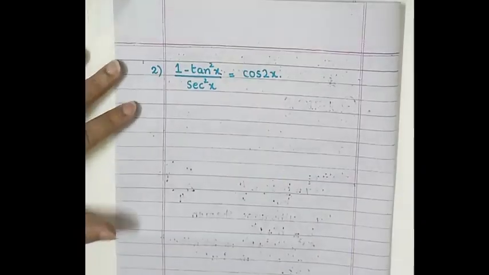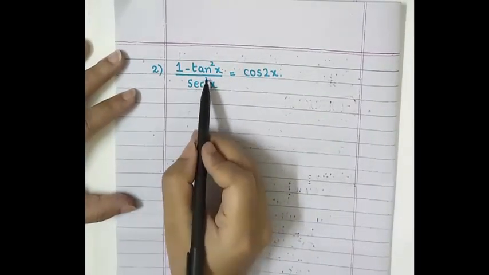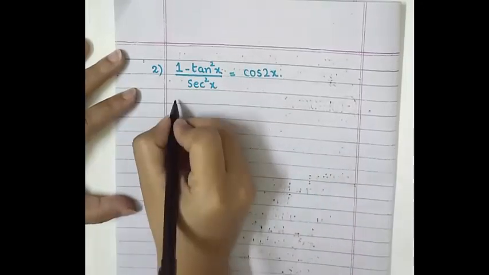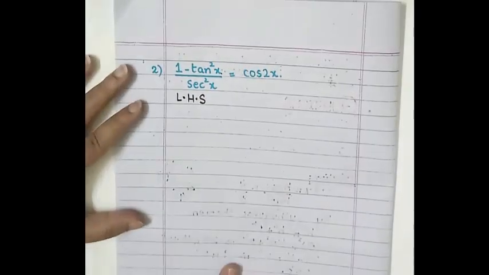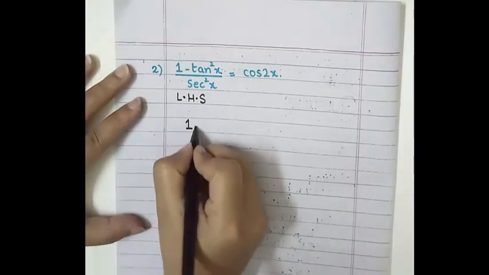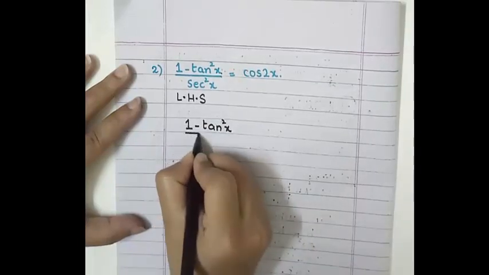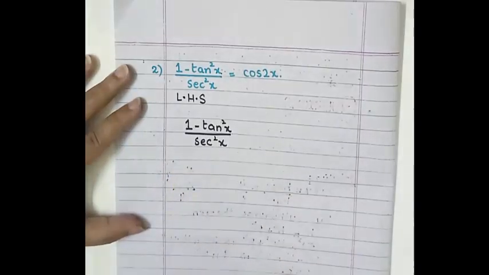The next question we have is: 1 minus tan square x over secant square x is equal to cos 2x. So starting from the left hand side, we have 1 minus tan square x over secant square x.